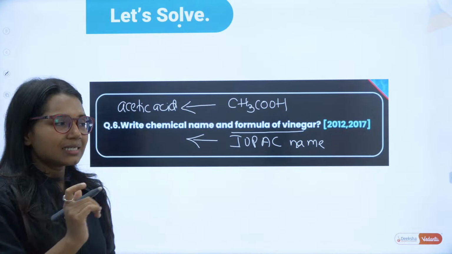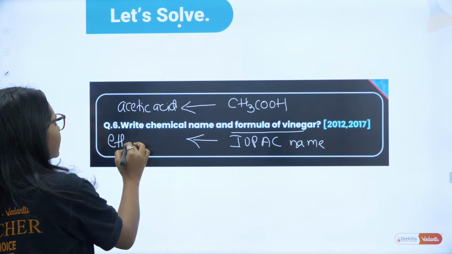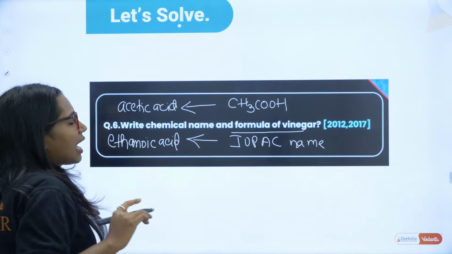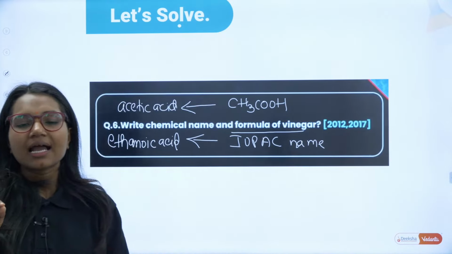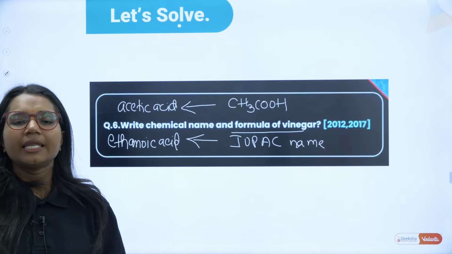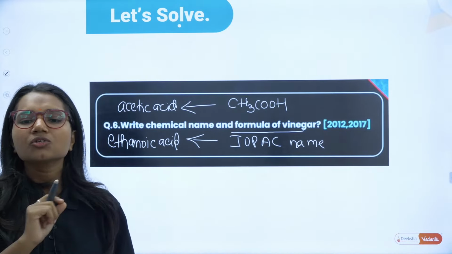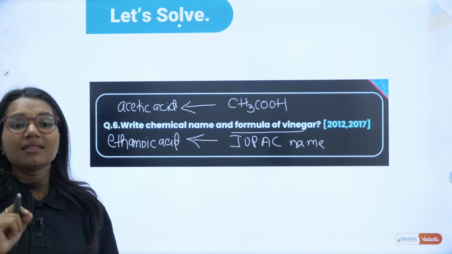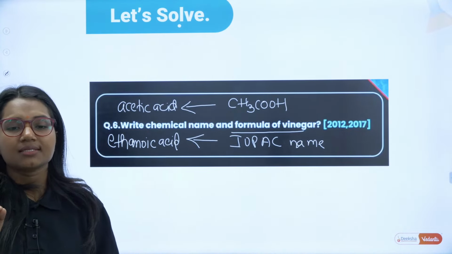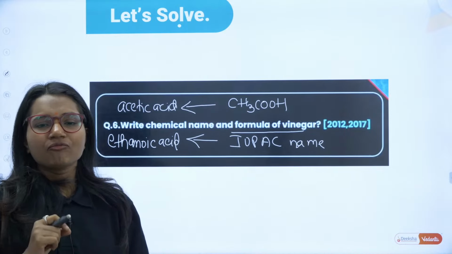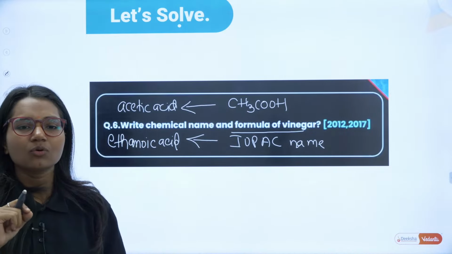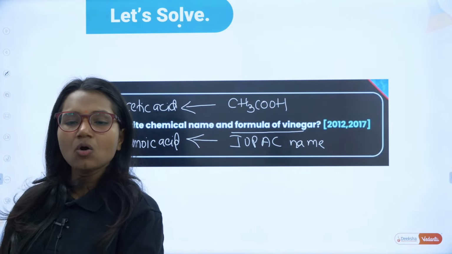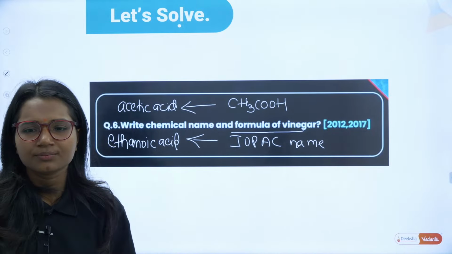So ethanoic acid and acetic acid, both are chemical names for vinegar. Vinegar is not the chemical name. If in the exam they specifically ask for the IUPAC name for vinegar, you have to go with ethanoic acid. Okay, fine.